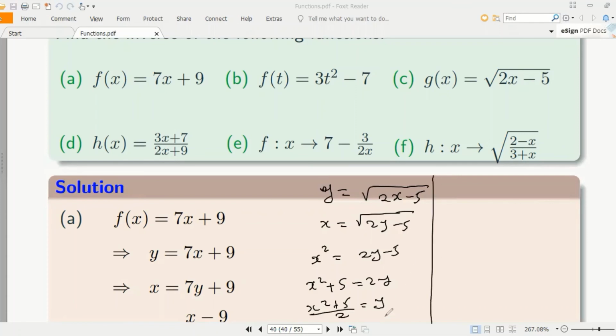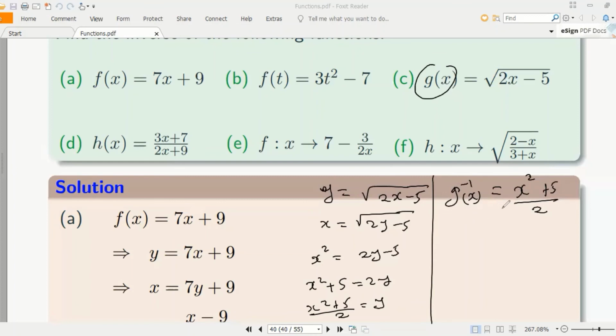So where there is y, write the inverse. Therefore, g inverse of x is x squared plus 5 over 2. Now remember this is x squared.